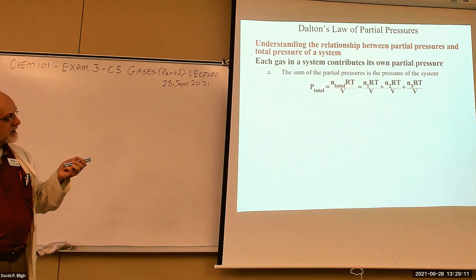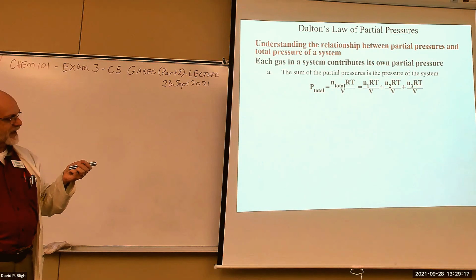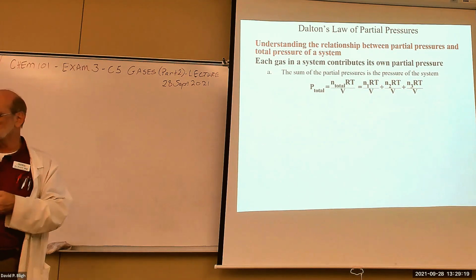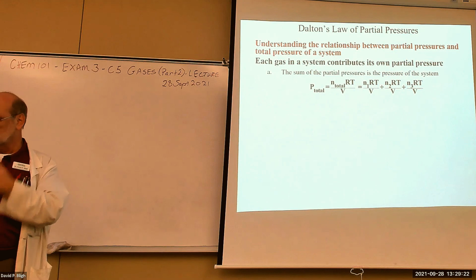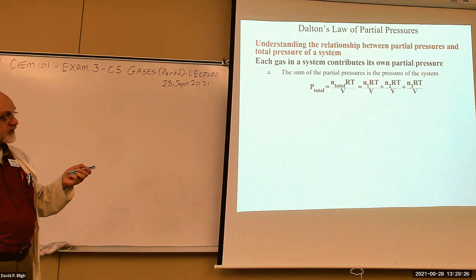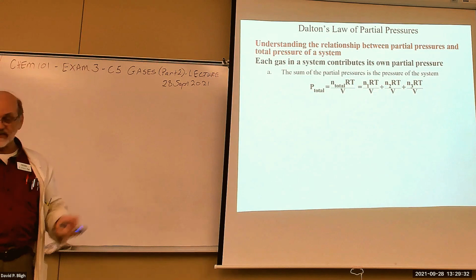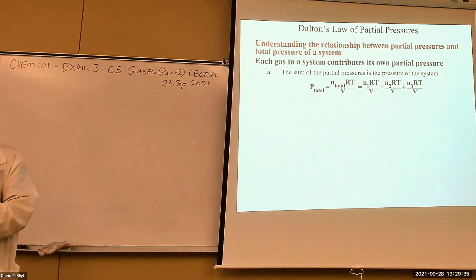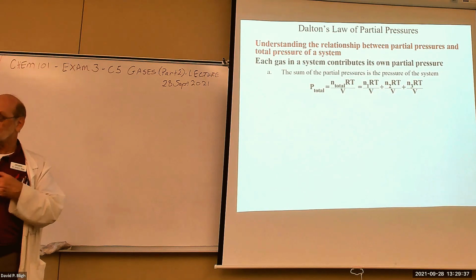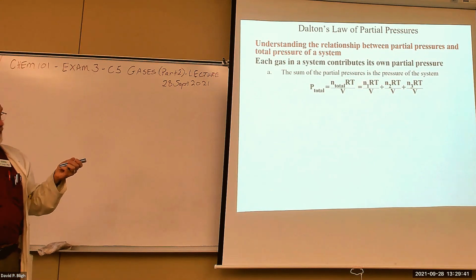But if you subdivide it and you say, well, I have so many moles of this gas and so many moles of that gas and so many moles of that gas, each one contributes its own pressure to the total. And each one, since the gas constant is a constant, they're all at the same temperature, they all occupy the same volume. So the only difference among the gases that makes that pressure difference for each one of them is the number of moles of each one of them.